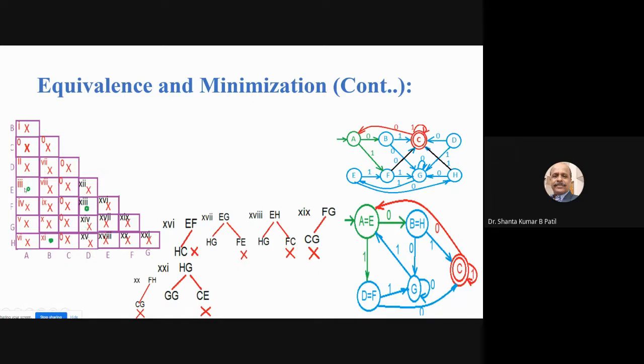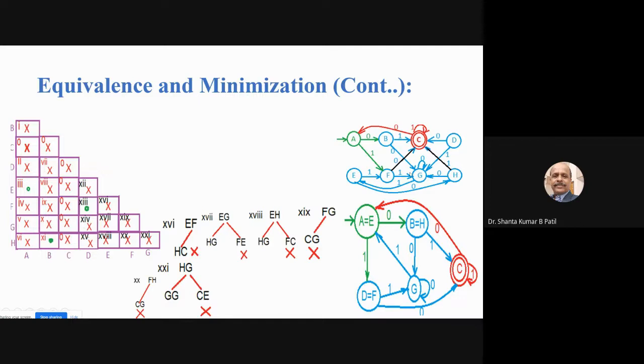From this table, locate the dot mark squares. From this dot mark square, we come to know that A and E are equal. So replace states A and E by a single state called A is equal to E. From this dot mark, we come to know that B and H are equal.